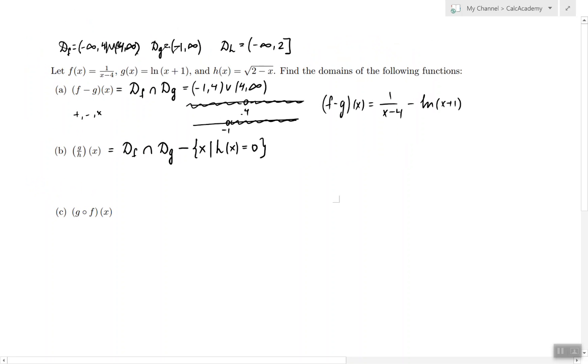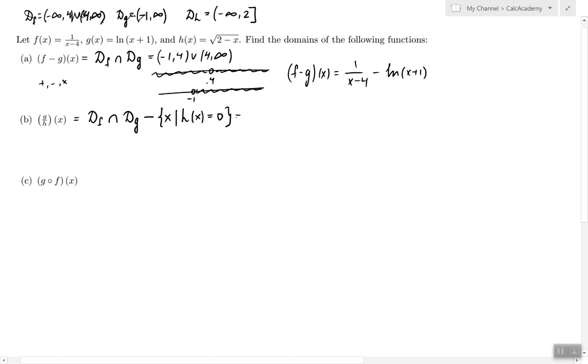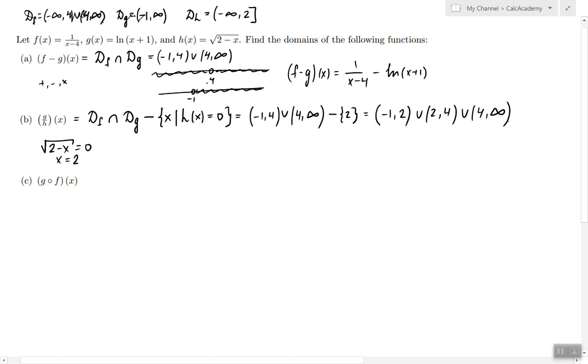So in our case, that means that we have to start off with the intersection of the two domains and then take all the solutions of this equation. So that means we just have to remove 2 from that domain. So the answer would be now all the numbers from -1 to 2, then from 2 to 4, and then from 4 to infinity.